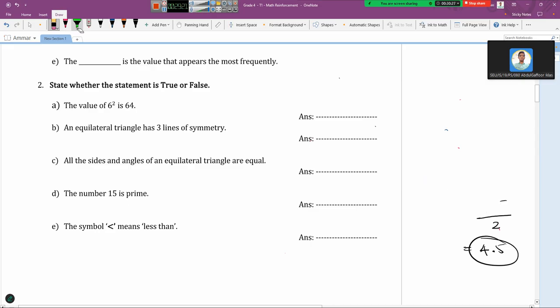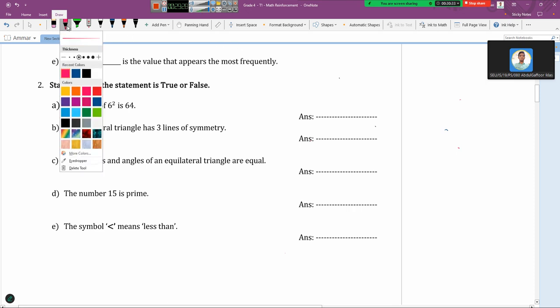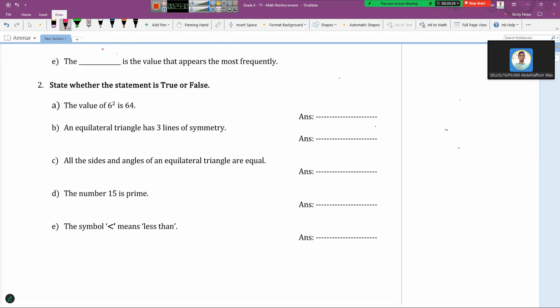Can you tell me why is it false? Can you justify your answer? Sir, I don't know how to explain it. So you tell this is false, right? It's wrong, right?